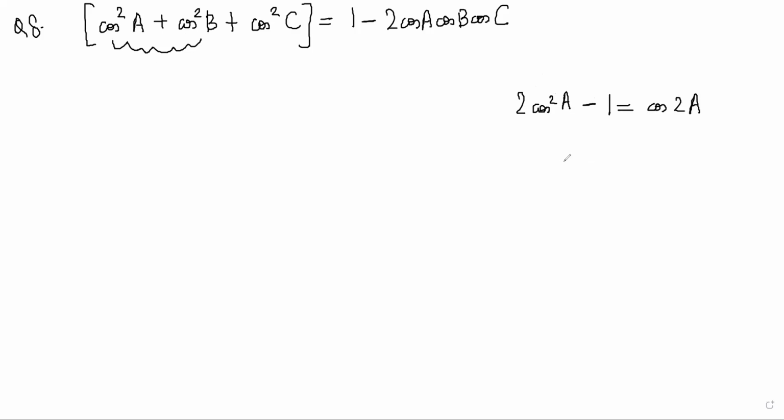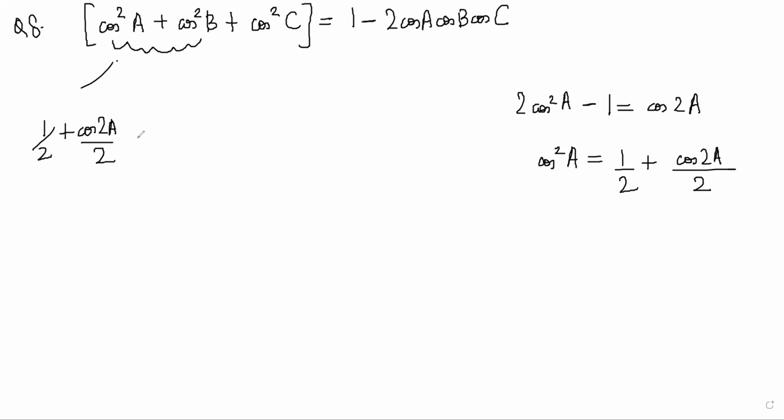So cos square A will be equal to 1 by 2 plus cos 2A by 2. So use that formula. 1 by 2 plus cos 2A by 2, plus 1 by 2 plus cos 2B by 2, plus 1 by 2 plus cos 2C by 2.